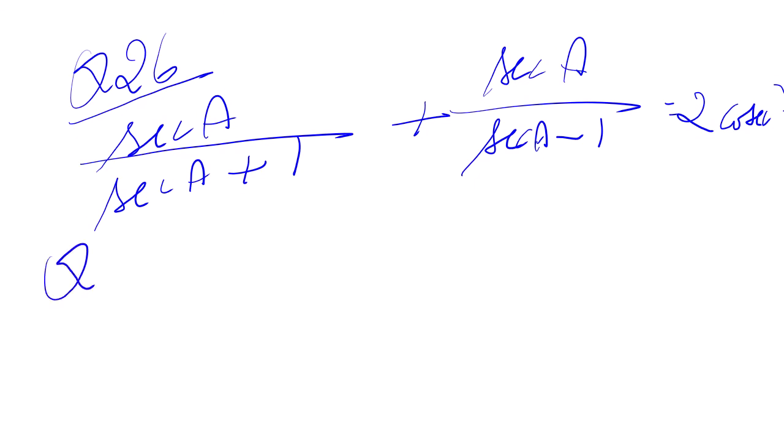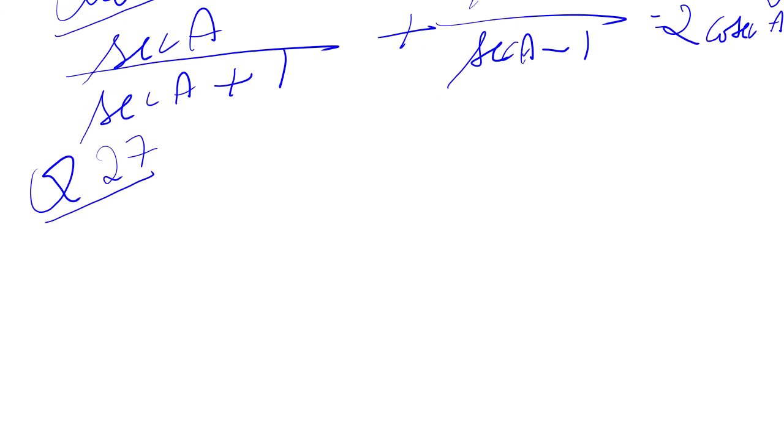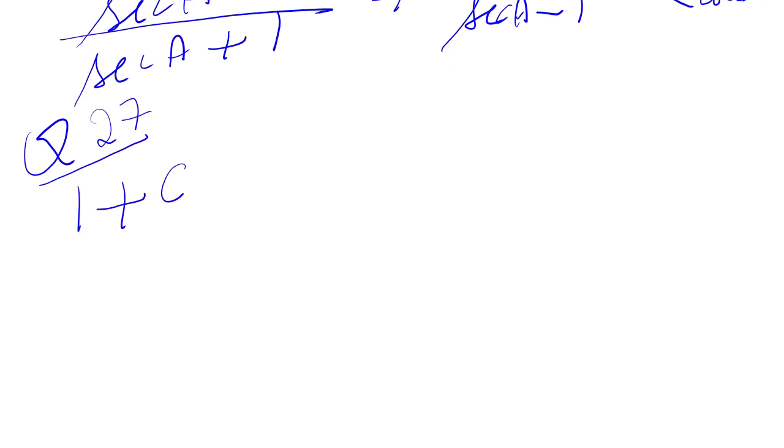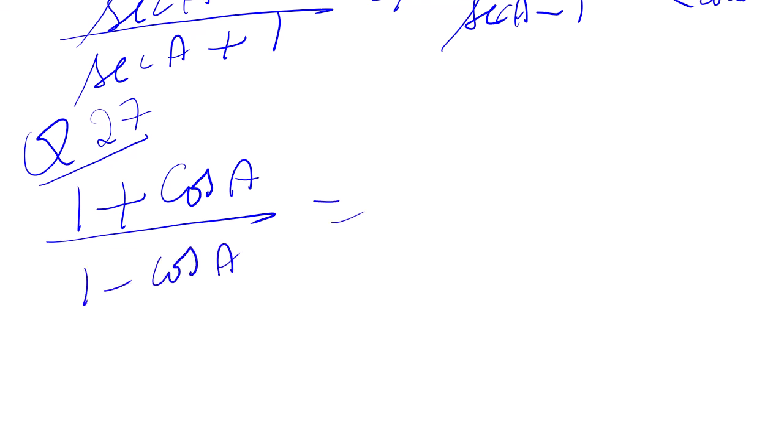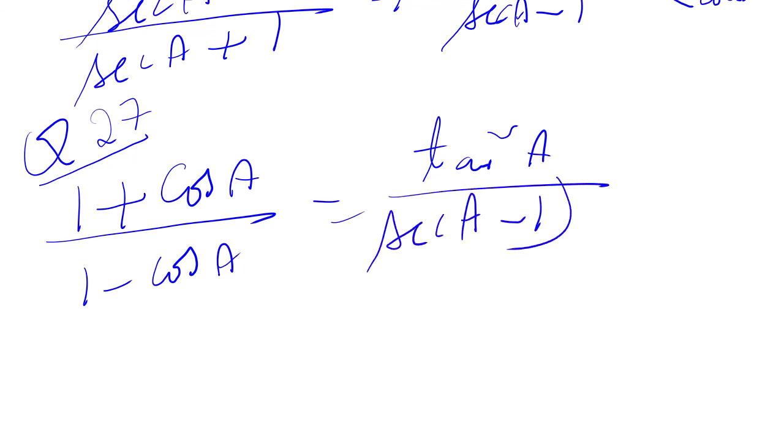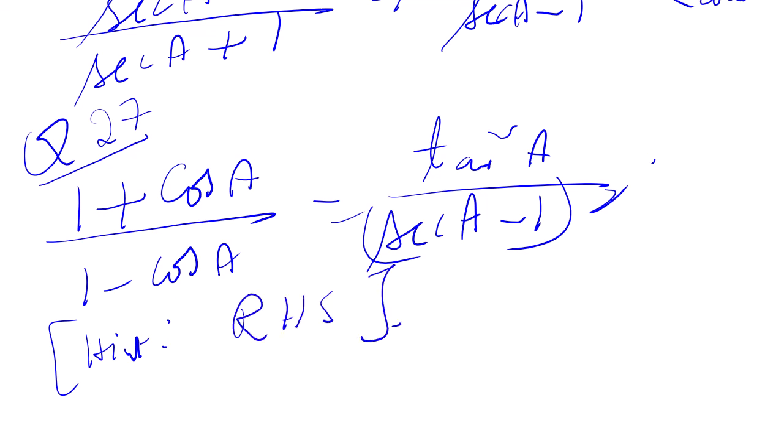Then 1 plus cos A upon 1 minus cos A is equal to tan square A upon (sec A minus 1) whole square. Okay. Now in this, as a hint, if you take RHS, you will get it easily.